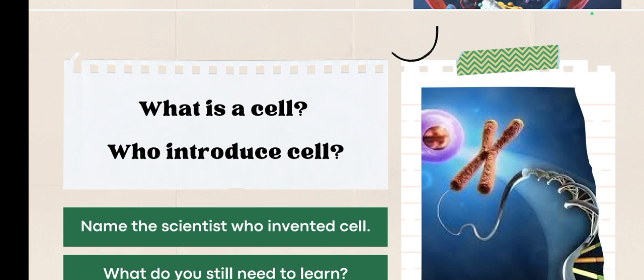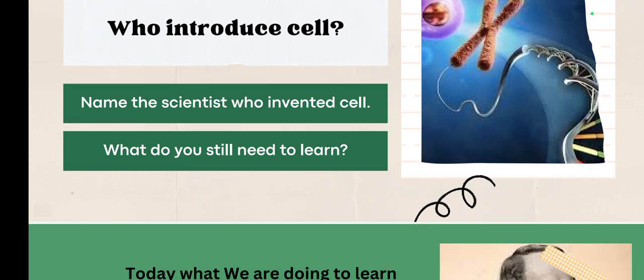Later on, a zoologist, Schwann, in 1839 made a similar observation in animals also. Comparing both their findings, they formulated a theory which states that all living organisms, whether plant or animal, are made up of cells and they serve as a unit of structure and function, and this is known as the cell theory.